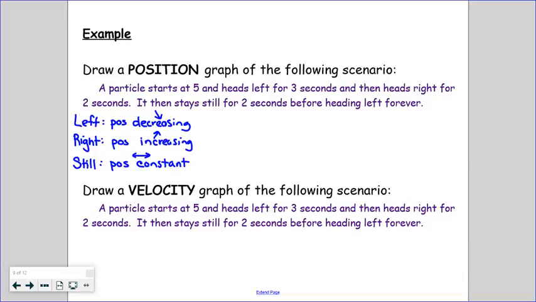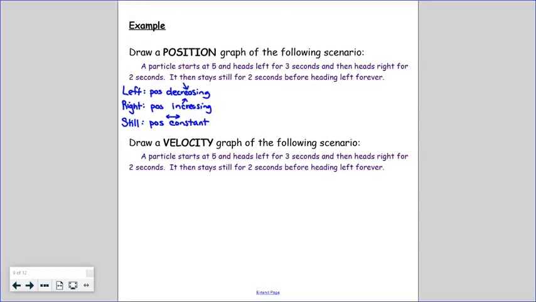Now, compare that then to our velocity and what moving right, left, and standing still mean in velocity. If we are moving left, our velocity function is less than 0 or negative. Now, in a graph, that means somewhere below our x-axis. That's negative values.